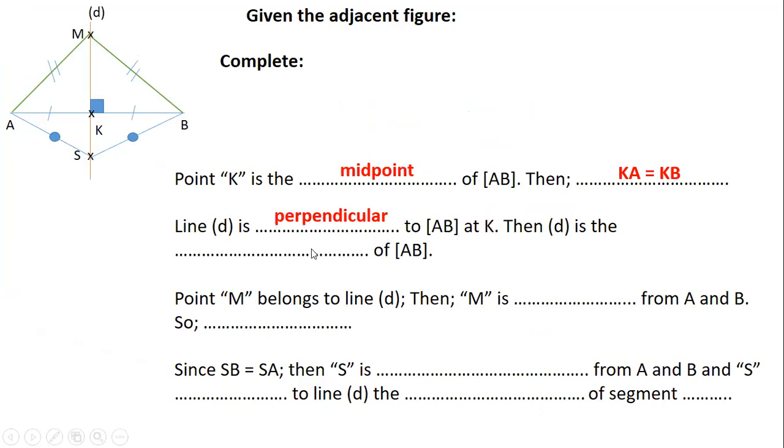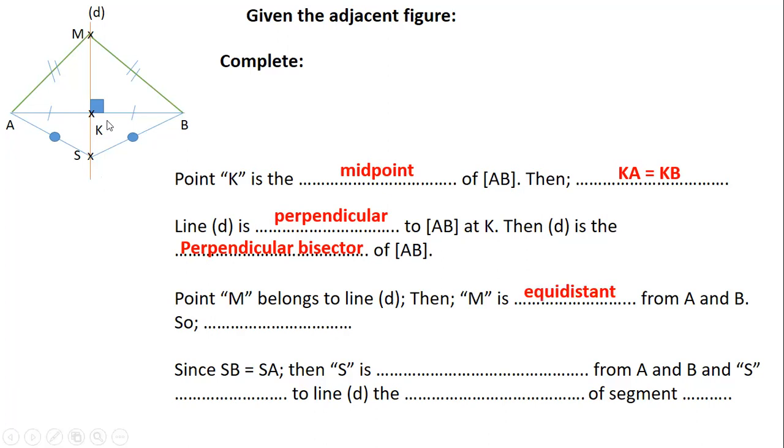Then line D becomes what for segment AB? Perpendicular bisector. That's right. If I take a point M belonging to the perpendicular bisector, then what becomes M with respect to AB? Equidistant from A and B.